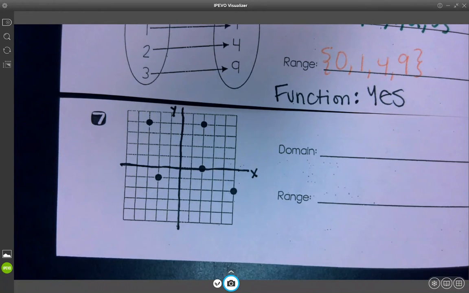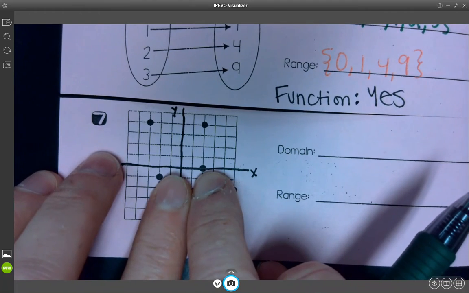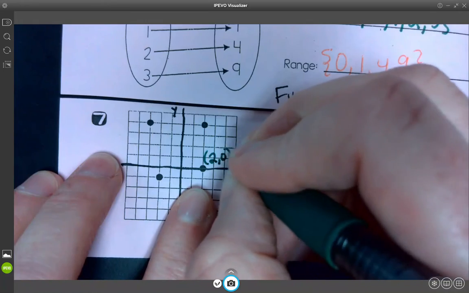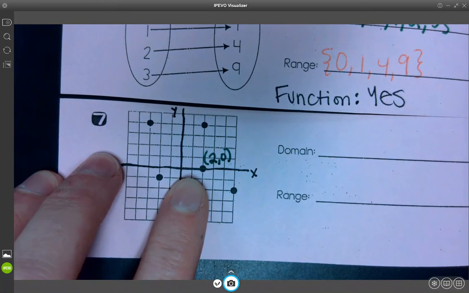So let's look at each one of these points, and we've got to write the coordinates. So we can start with this one. Start at the origin. What is it? Yeah. Okay. Go ahead and write it on your graph.